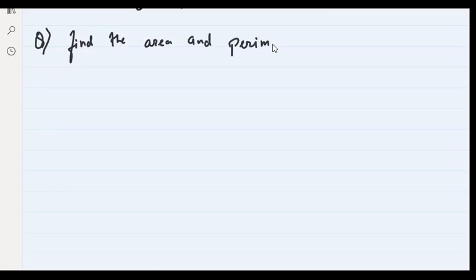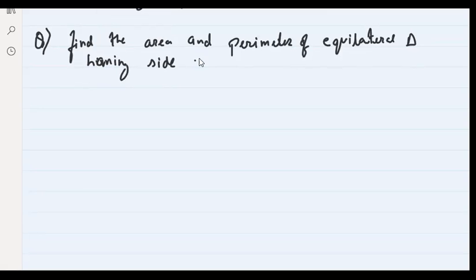Find the area and perimeter of an equilateral triangle having side 5 centimeter. Tell me, find everyone.